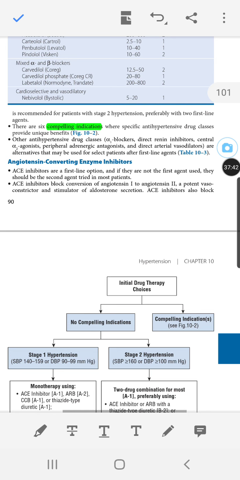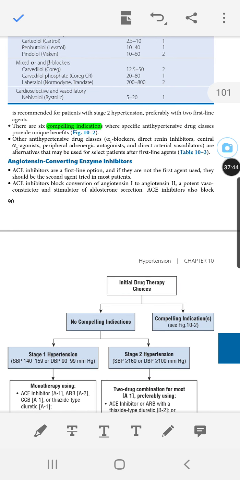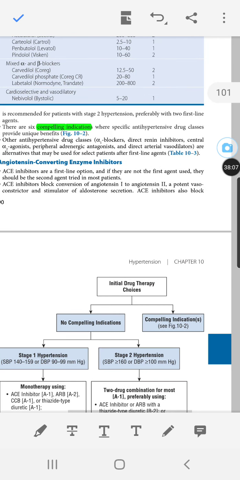Other antihypertensive drug classes are alpha 1 blockers, direct renal inhibitors, central alpha 2 agonists, and peripheral adrenergic antagonists, because adrenergic activity increases the blood pressure and we have to use some kind of antagonist. And direct arterial vasodilators are alternatives that may be used for select patients after first line agents.